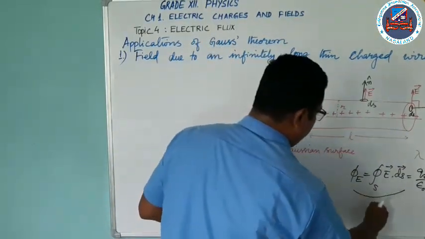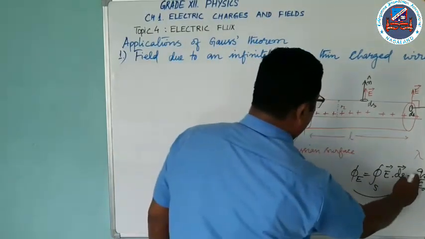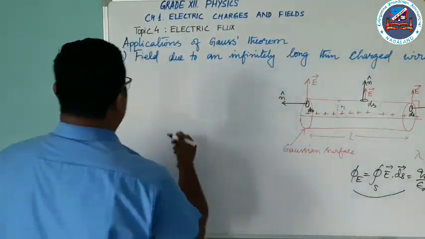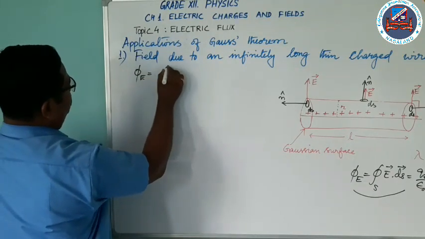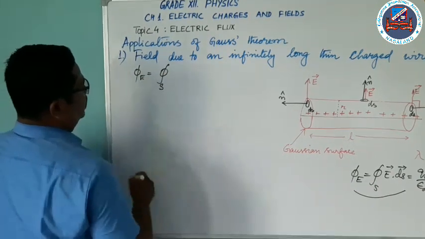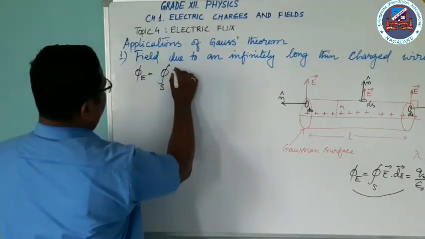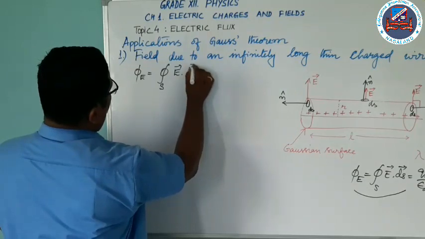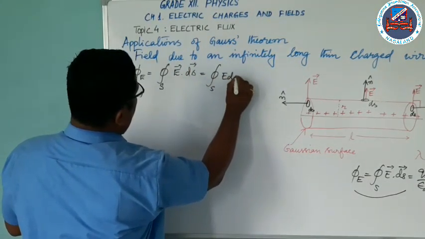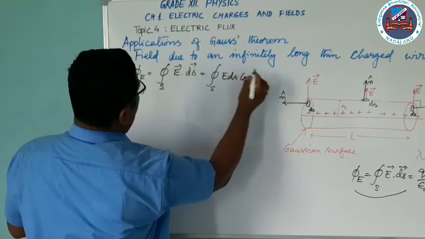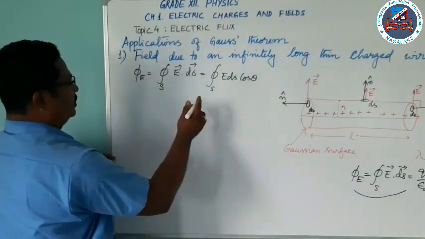After that, you have to equate it to 1 by epsilon naught times the net charge. So net electric flux phi E is equal to the surface integration for the closed surface, that is for the cylinder, of E dot ds. You can write this as the surface integration of E ds cos theta. As we have three different surfaces, we will divide it into three parts.